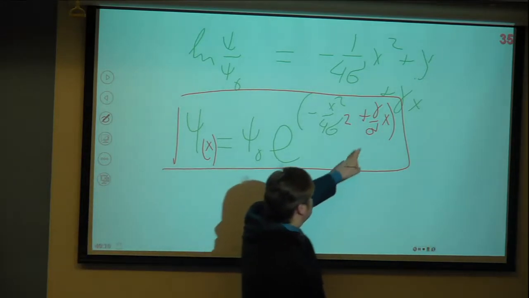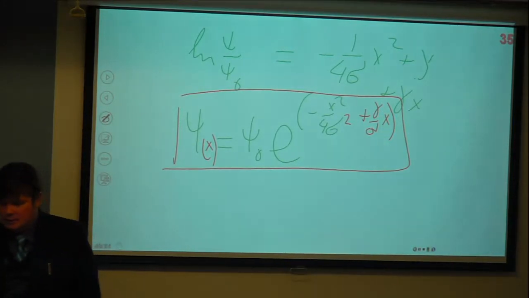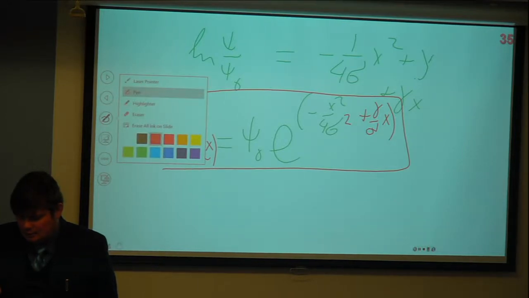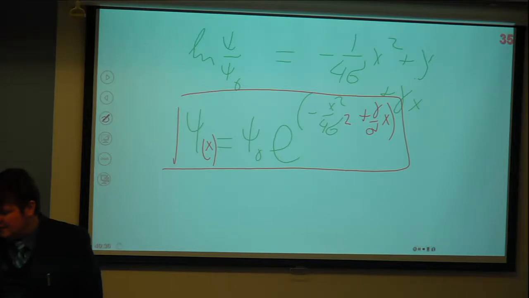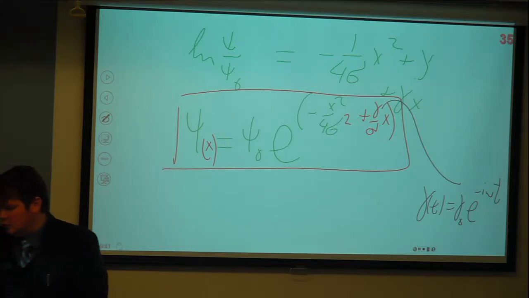Because later on we are going to plug in our recent finding that gamma of t is gamma of 0 times e to the minus i omega t.